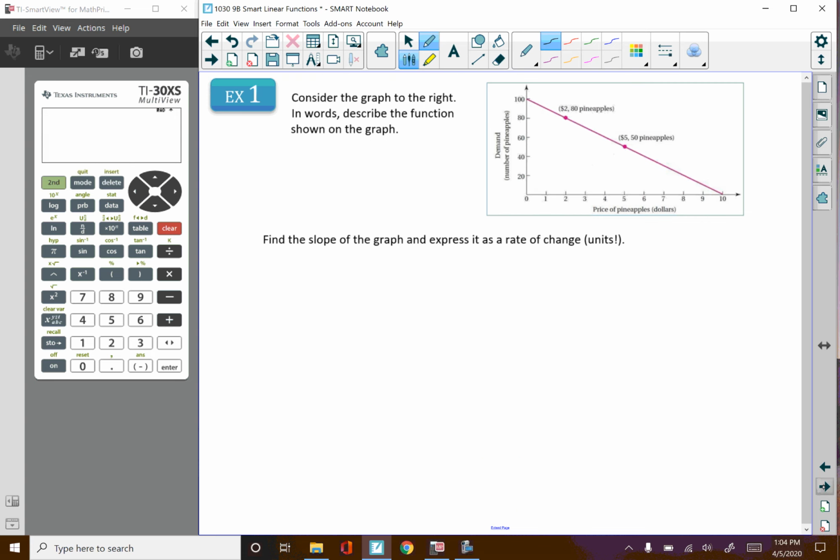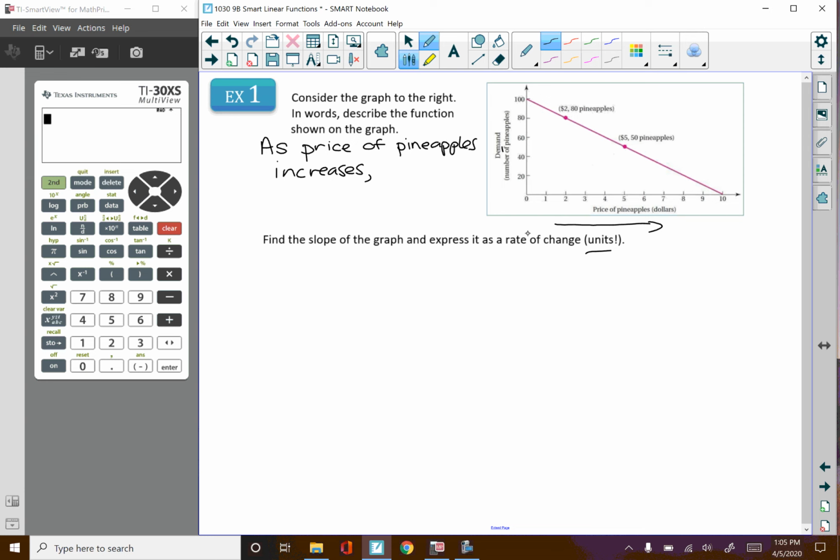So consider this graph. In words, describe the function that's shown, and then find the slope of the graph and express it as a rate of change. Don't forget the units. If we were describing this in words, what it's showing me is that as the price of the pineapples increases, and let's look at our y-axis, it's the demand.